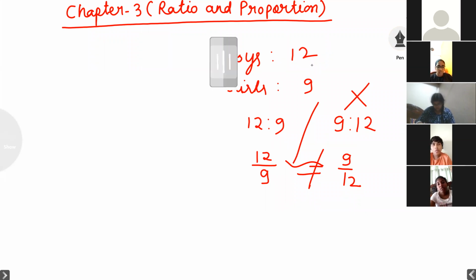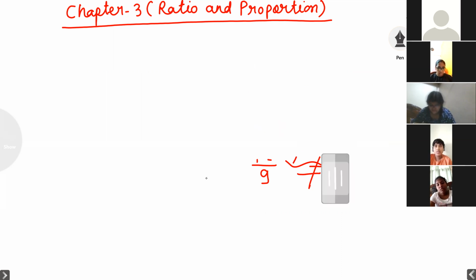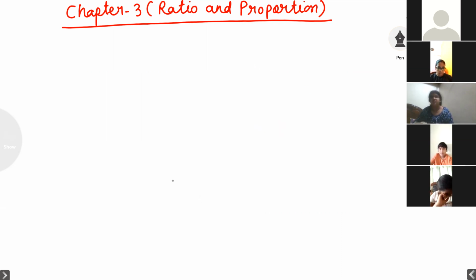Next, when we are comparing two items or numbers or quantities, the units should be the same. If I say compare 1 rupee and 5 kg, can we compare 1 rupee and 5 kg? Rupees is one thing, and weight is another thing. Money and weight are both different, so we cannot compare. How to compare?